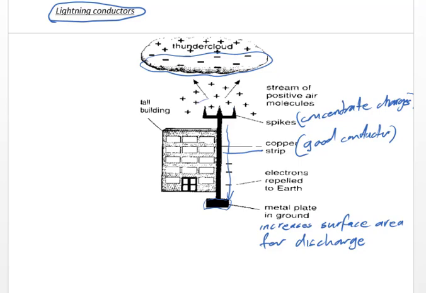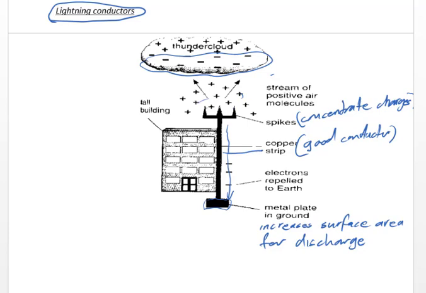And remember, this force is far much stronger, so it's able to strip the electrons from the air molecules. So the air molecules will be ionized, will be positive. They are now repelled.